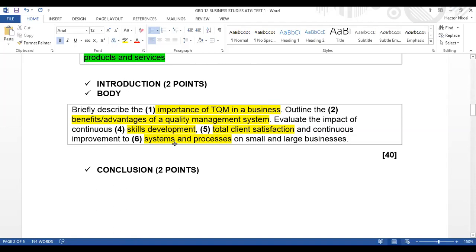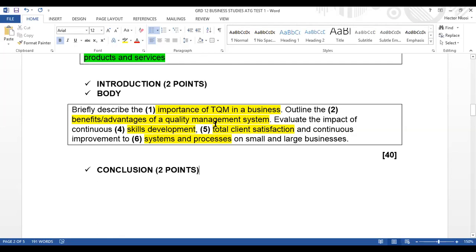And remember now, bear in mind that your point 4, 5, and 6, you must answer them in another manner because it's more of like a comparison. Because it says evaluate the impact of continuous skills development, total client satisfaction, and systems and processes on small and large businesses.